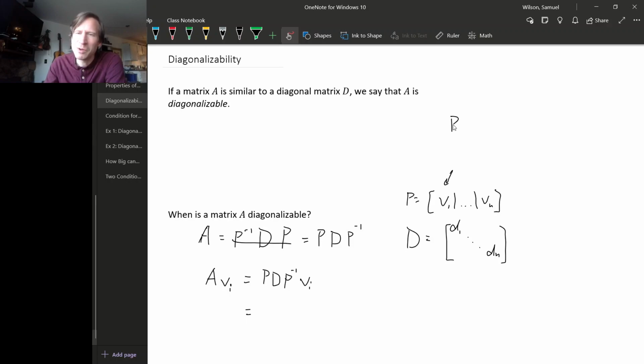Well, what is P times Ei? When you multiply a matrix times a standard basis vector, it just picks off the corresponding column of that matrix, right? So P times Ei is Vi, since Vi is the ith column of the matrix P. And so the inverse matrix does the reverse. When you multiply the inverse matrix times Vi, you get Ei. So this is P times D times Ei.